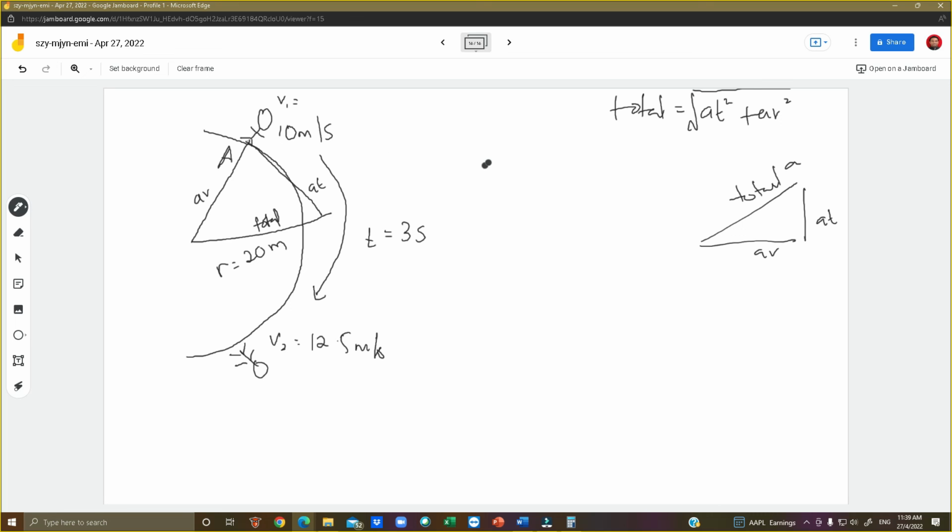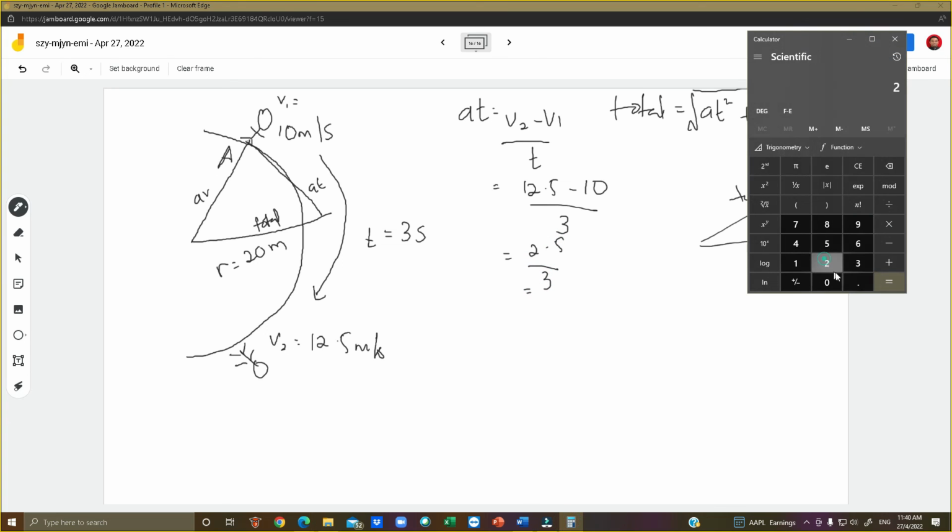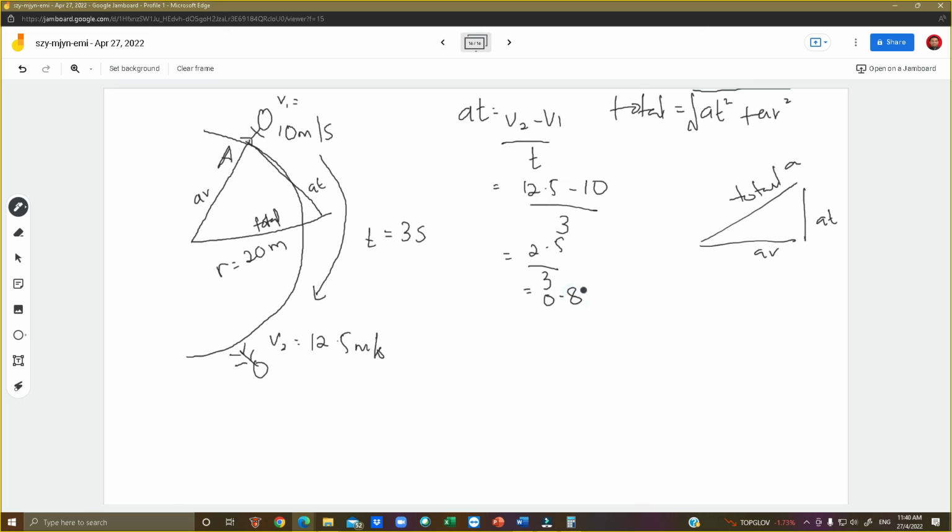It will be AT equals to V2 minus V1 over T equals to 12.5 minus 10 over 3. 2.5 over 3, 0.83 meter per second square. Okay, kita ada satu 0.83. Right, and then we need to find out AR.